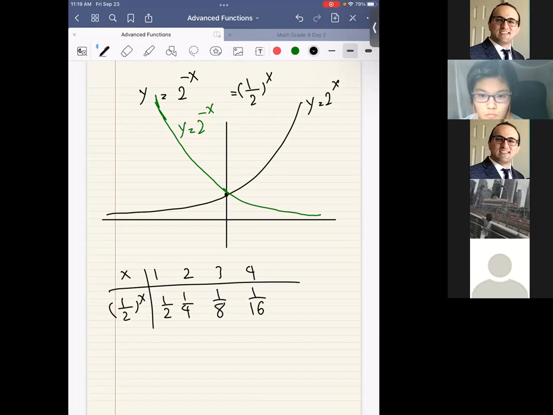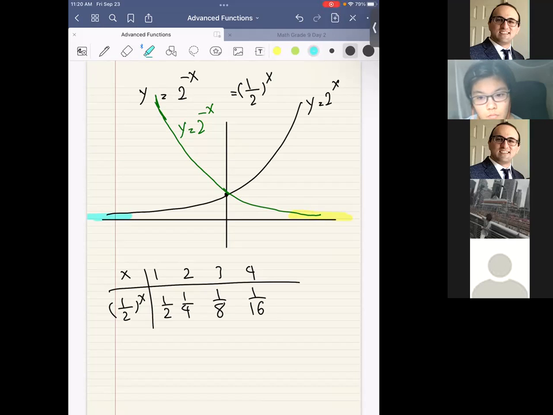For 2 to the power negative x, when x goes to positive infinity, the function goes to 0. But for 2 to the power x, when x goes to positive infinity, it goes to infinity. However, when x goes to negative infinity, then 2 to the power x goes to 0.